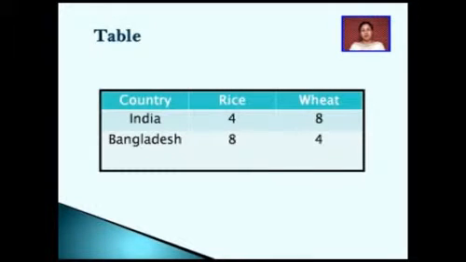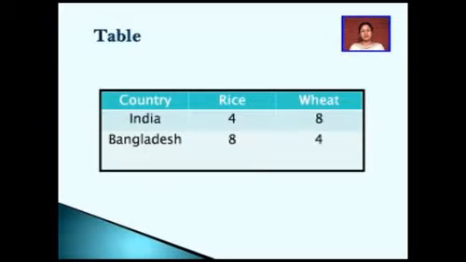On the other side, Bangladesh has an absolute advantage in the production of rice. So Bangladesh will definitely export rice to India, and in return for rice, it will import wheat from India. In this way, international trade will take place between both countries.